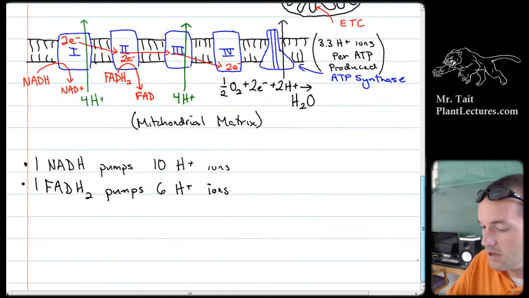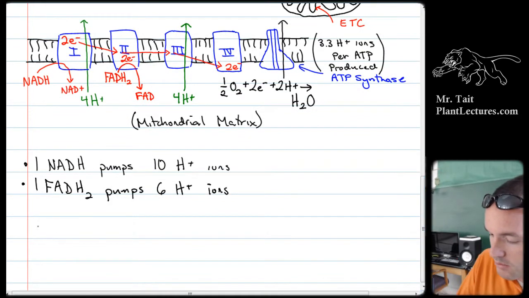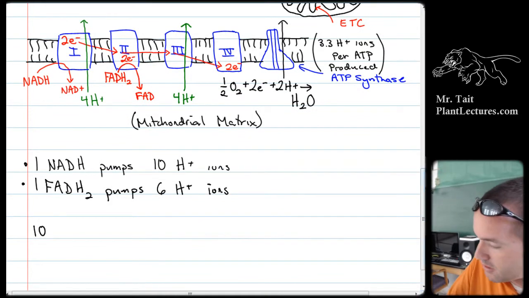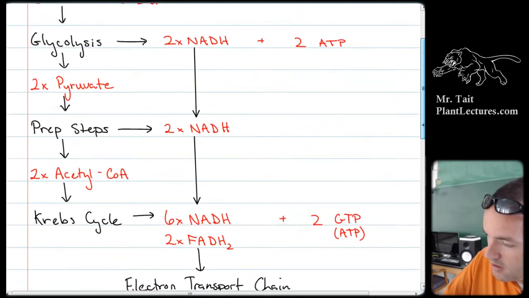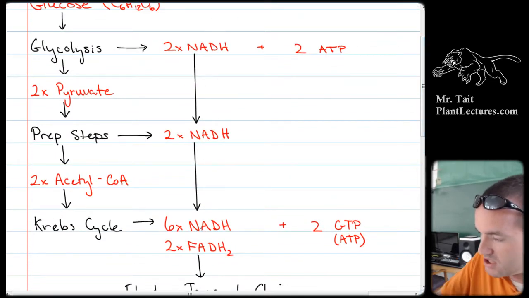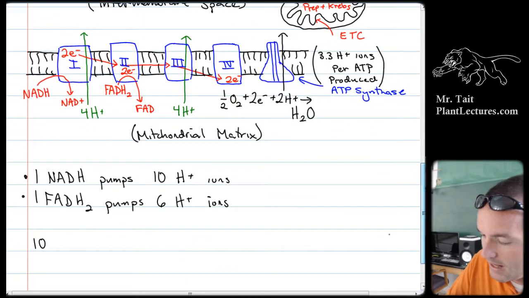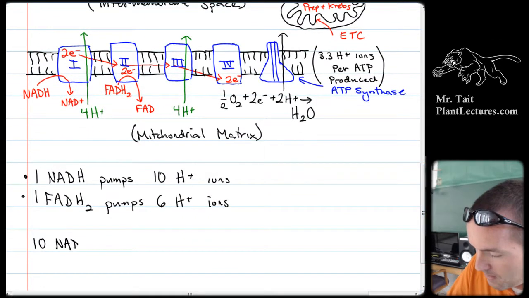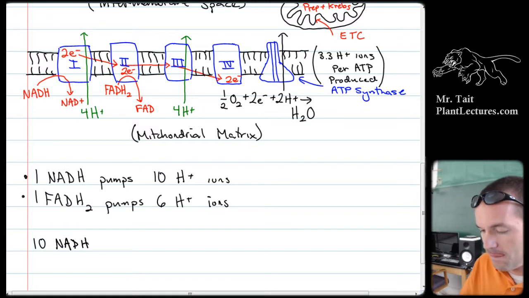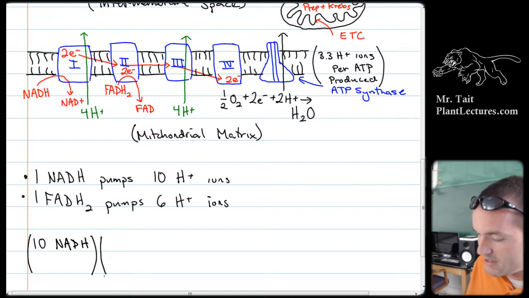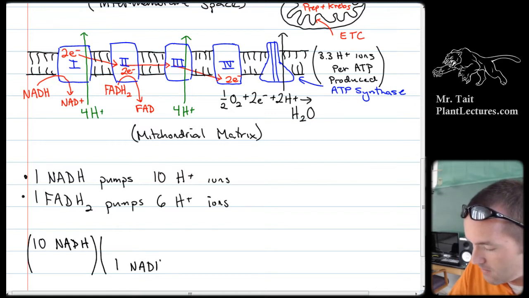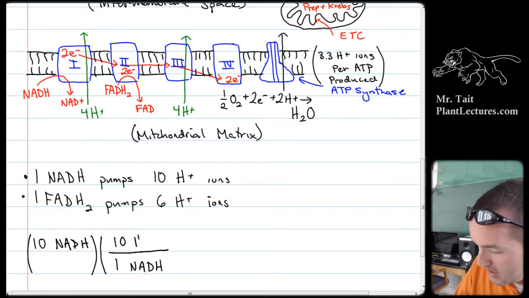So, we can do some maths now. All right? And we can say, okay, we're going to use all the things that we know. So we started with 10 NADH, right? That was from this part. We said that in total, we would have 2 plus 2 plus 6, which is 10. So 10 NADH enter. We said that every 1 NADH pumps 10 H+ ions.